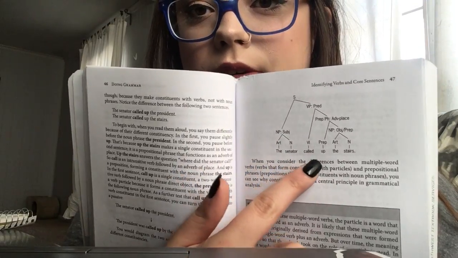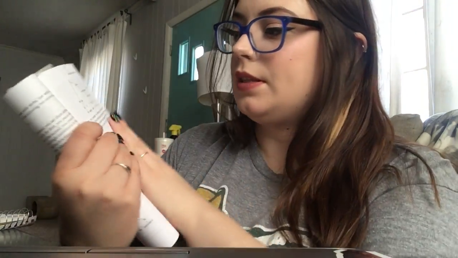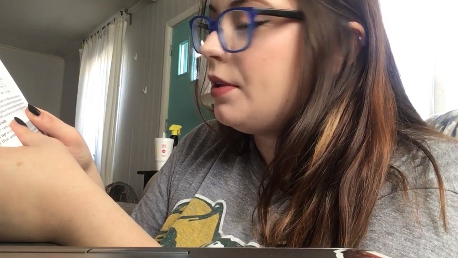So you have a sentence down here, and then you have to identify what each word is. So in this one, we have the senator called up the stairs. Okay, so the is an article, senator is a noun, called is an intransitive verb.